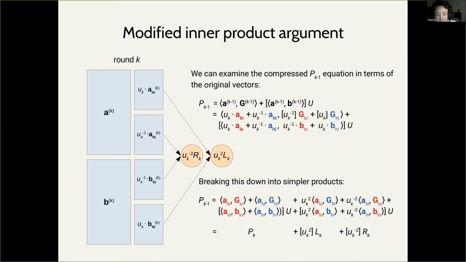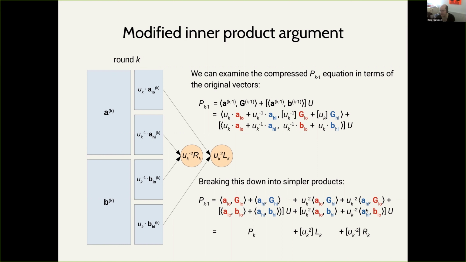And like I said, we're going to progress through to round K minus 1 in a very similar fashion. So we'll see on the next slide that, did I make a mistake by changing this to the bracket notation if LK is a scalar? I thought LK was a point. It's the inner product of A low and G high, which is a point because G is a point.